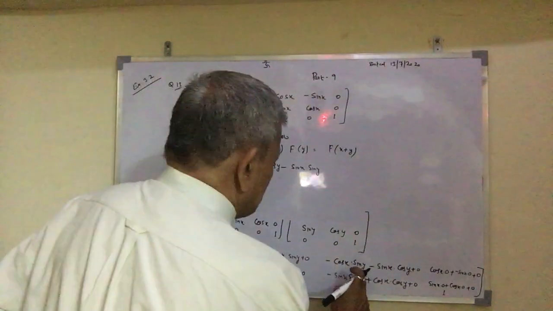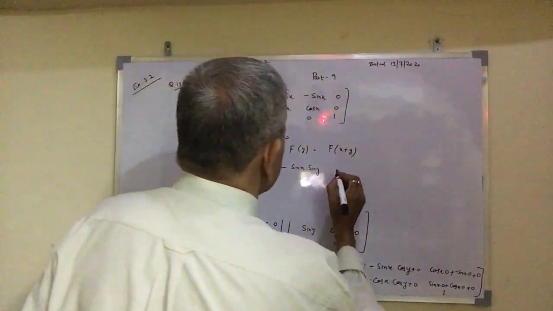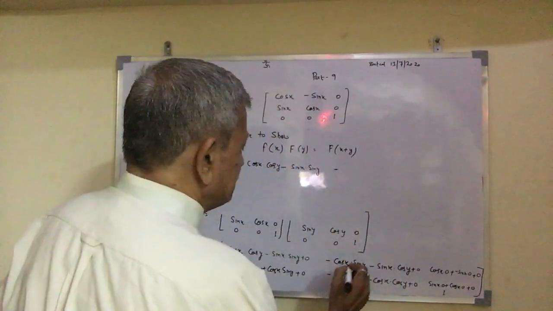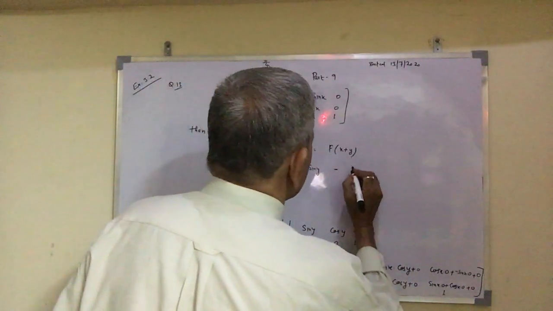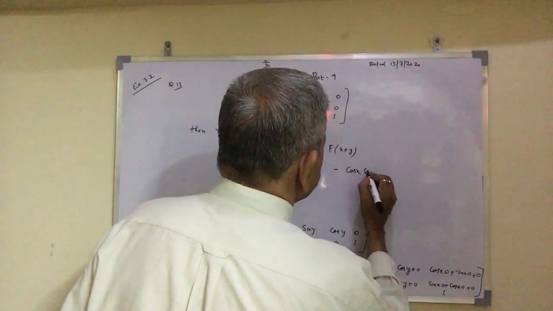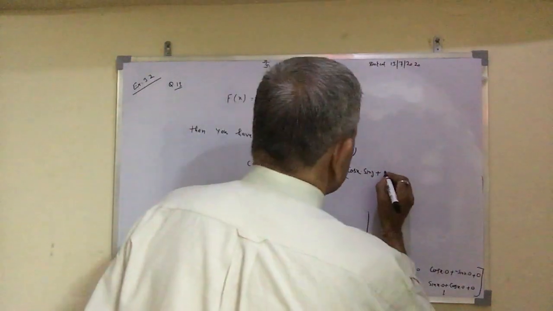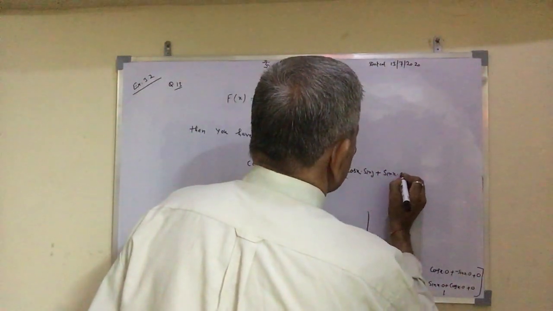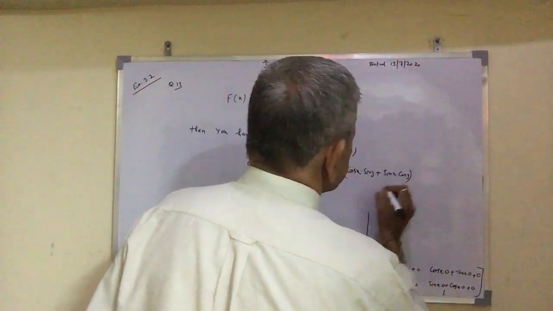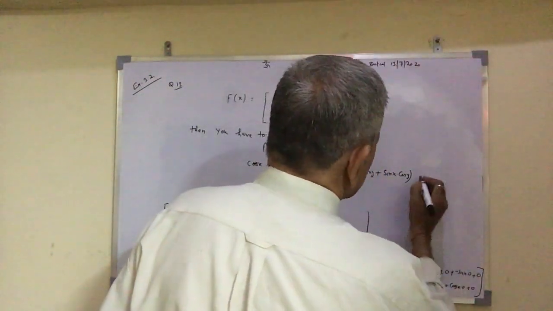And here, if you take the minus sign common, your value will be cos x into sin y plus sin x into cos y, and the last value goes off because all are 0.